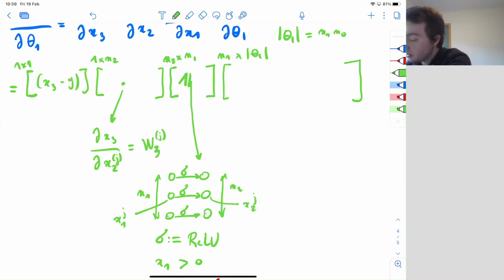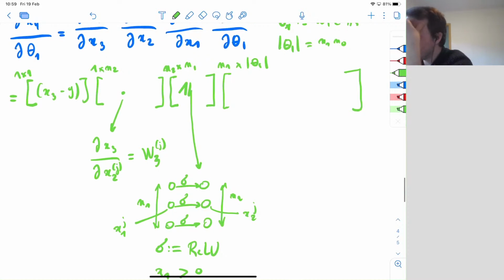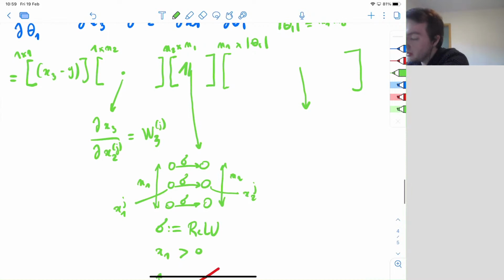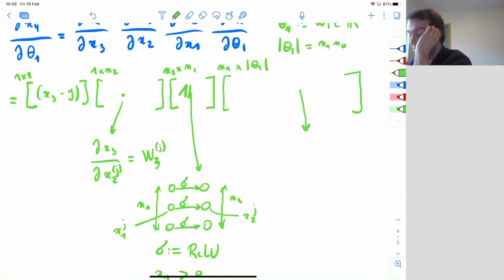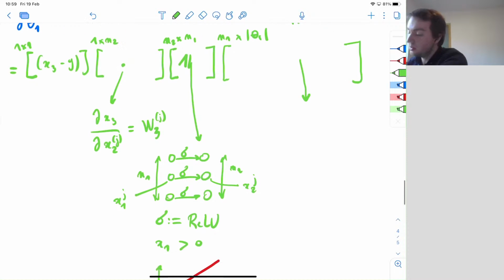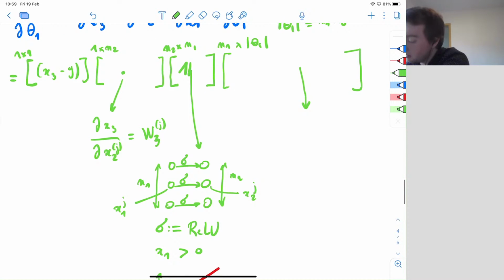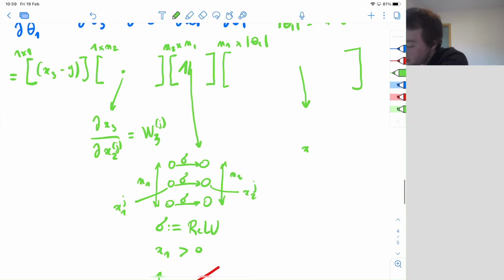Okay, and then finally, now we have this guy over here, the last factor, which is a bit more tricky. What we do here is that to compute x1, we multiply x0 by the matrix W1.